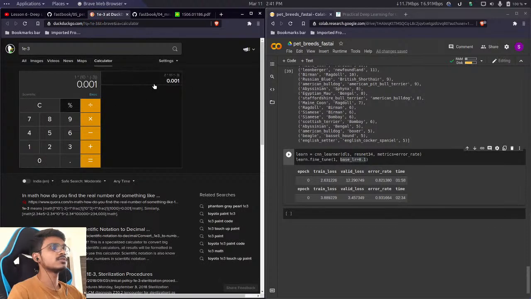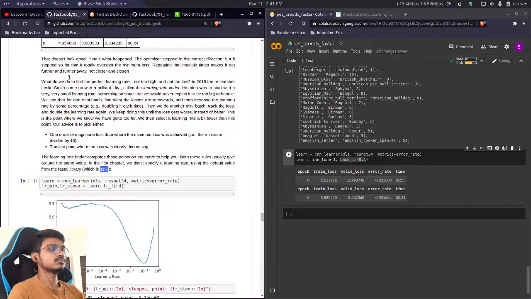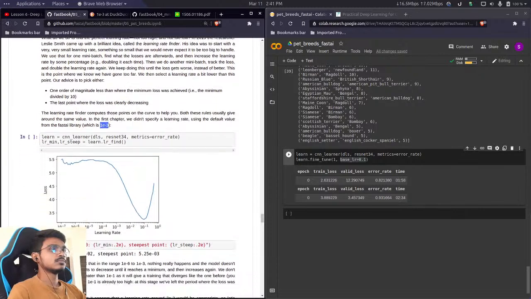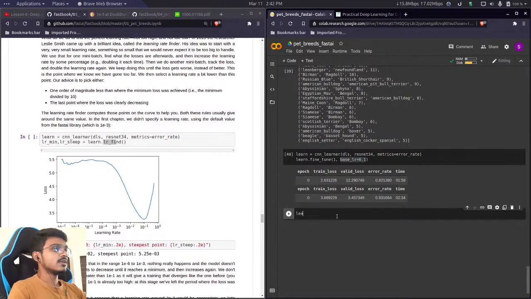Yeah, it is 0.001. 10 raised to minus 3. Right, so the FastAI library provides a function called lr_find to find the learning rate. Let's try to run it.